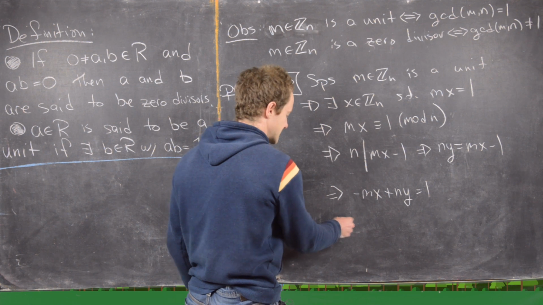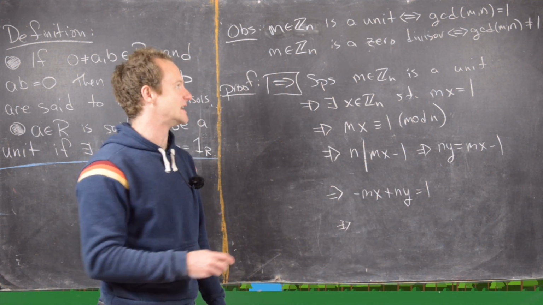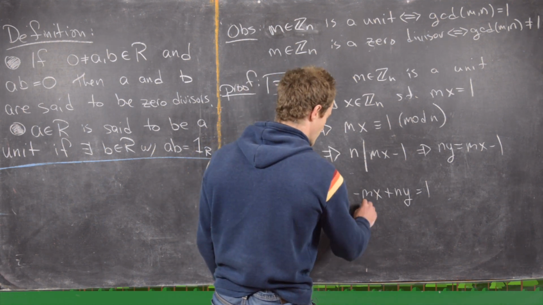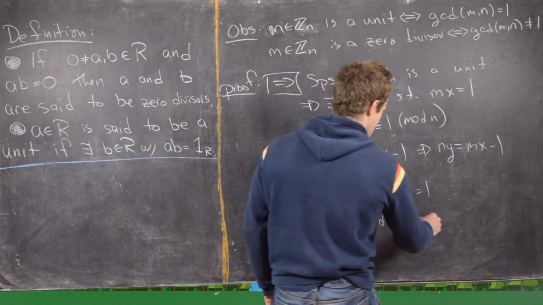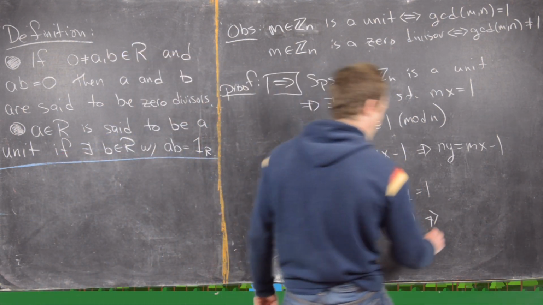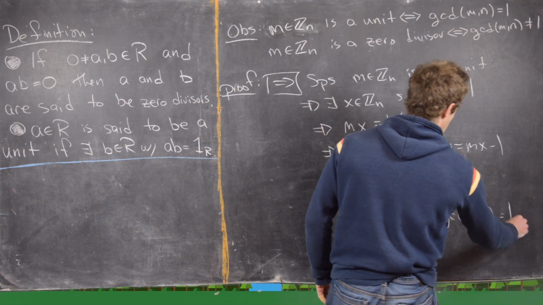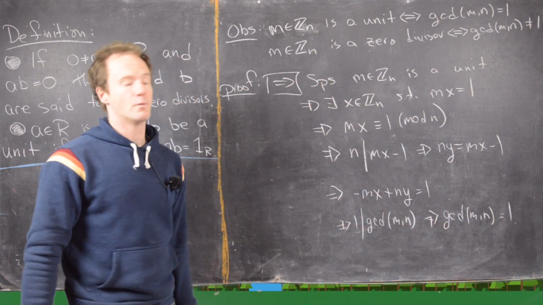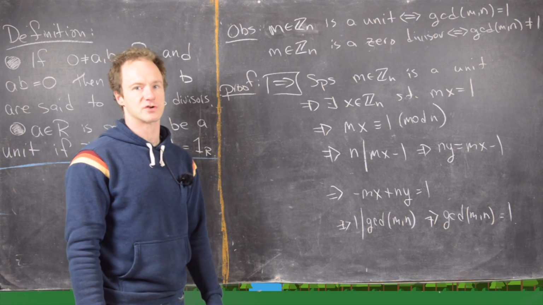So what this tells us is that 1 is a multiple of the GCD of m and n. In other words, 1 divides the GCD of m and n. But if 1 divides the GCD of m and n, then 1 is the GCD of m and n, which is exactly what we wanted to show for this direction. All right, I'll clean up the board and we'll do the reverse direction.